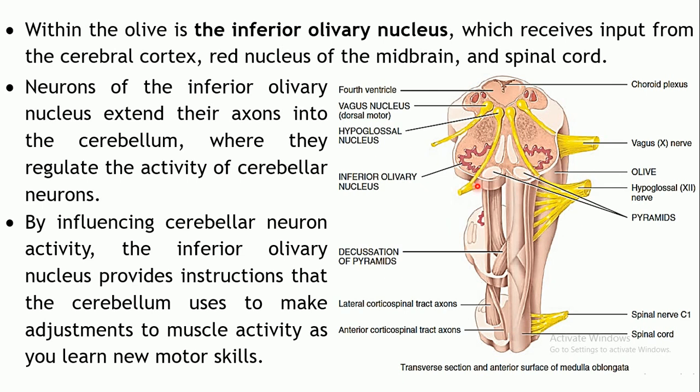So on either side it will be present. It is not shown over here, to focus on the internal details. On either side of the two pyramids are small swellings called the olive. Now within this olive is present the inferior olivary nucleus.